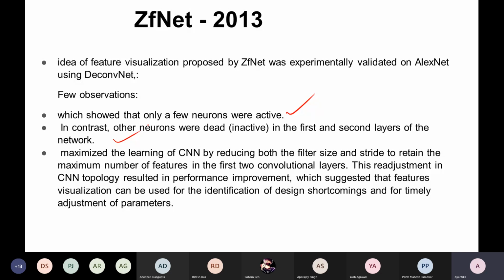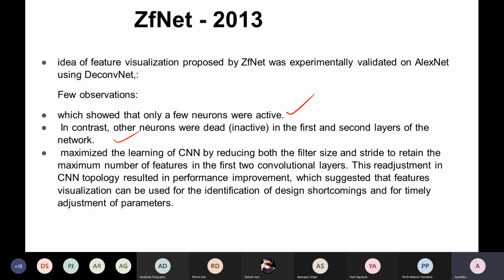Whenever you are considering the first and second layers, some neurons become active, and as we proceed, the other neurons and other related features become active. So this was first formally observed in ZFNet.